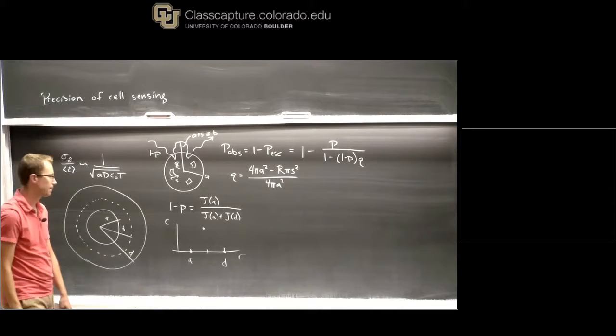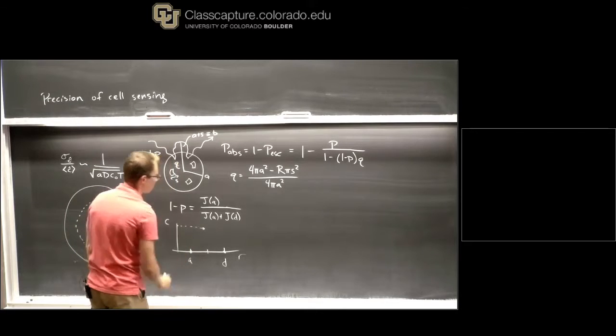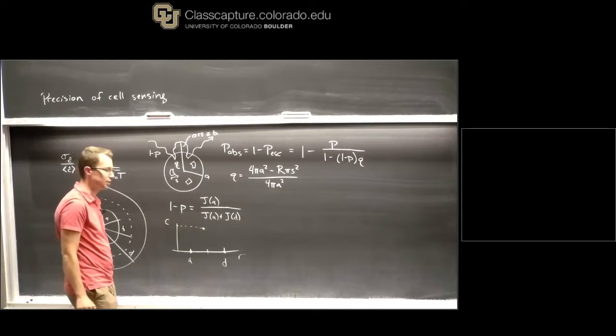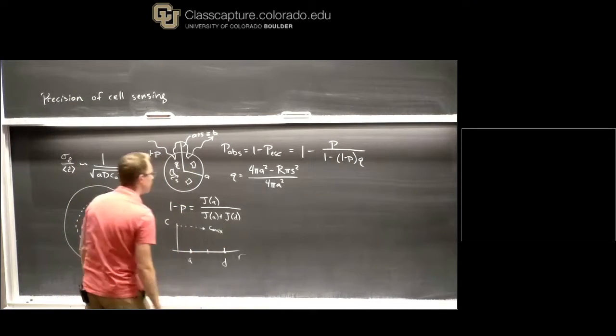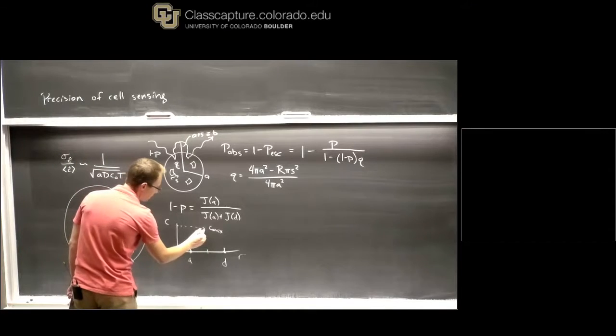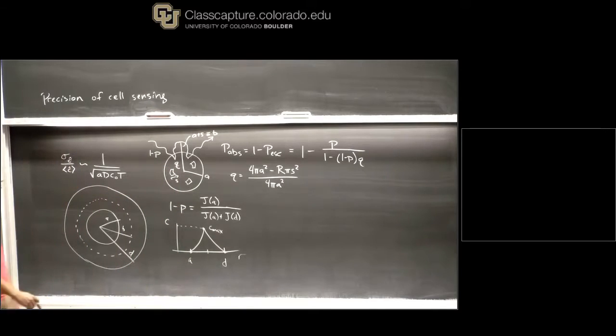I don't really care what this maximal value is, because all we're going to care about is the ratio, and that value is going to cancel in the ratio. But for now, I can call it C max. And if that's the maximal value, then this has to somehow go from there to 0 on either side.